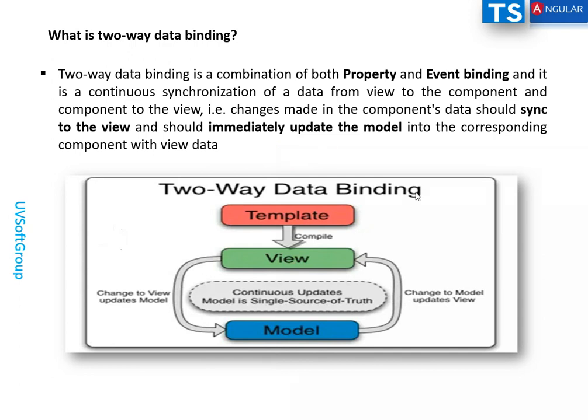So you see the description. Two-way data binding: you have a template, you have a view, and a change to the view updates the model. So it comes here, and if you change the model, then the change to the model updates the view, with continuous updates of the model in a single source of truth. That means it's a synchronization between your view and model.